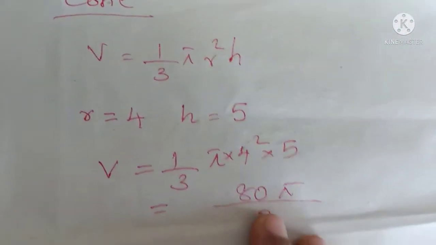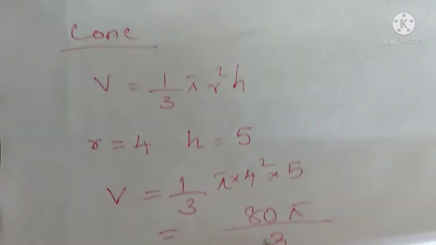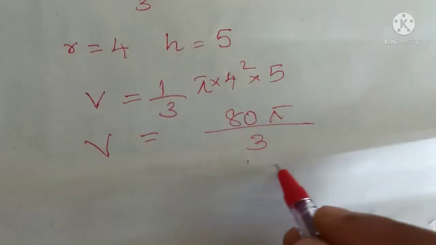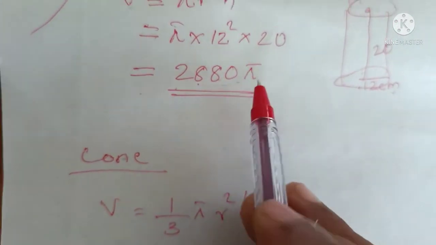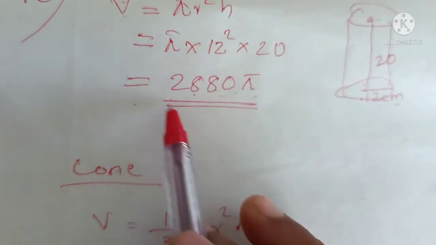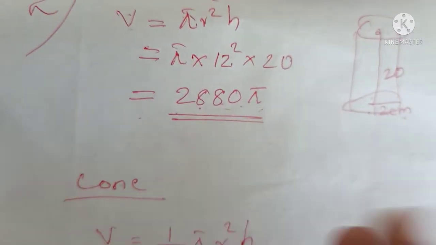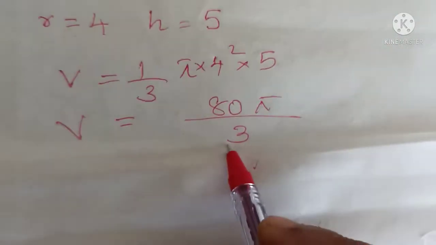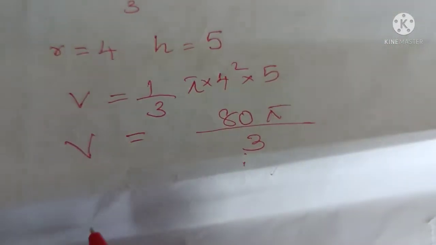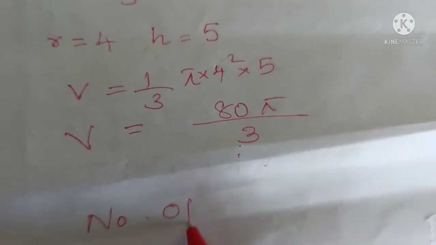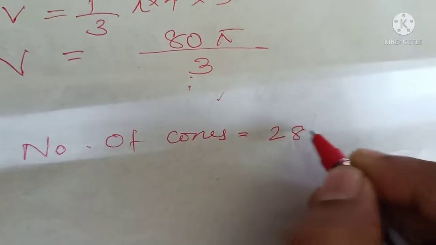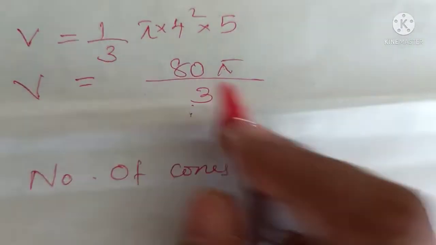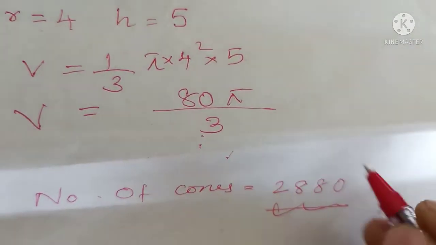The volume of one cone is 80 pi by 3, and we need to make cones from this much volume. Then how many cones will there be? The total volume is 2880 pi and the volume of one cone is 80 pi by 3.